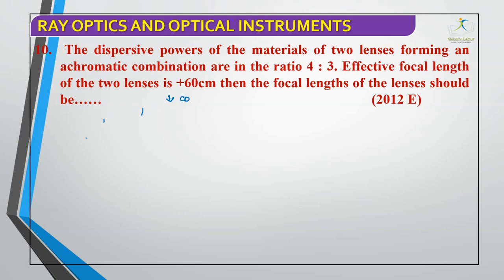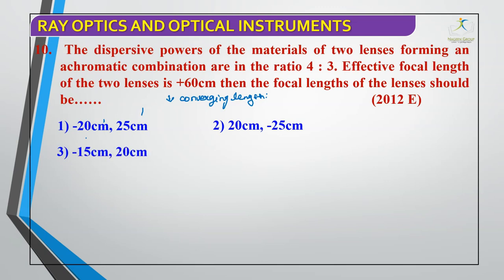The nature of the lens is converging. Focal length of the lenses should be, so we have options minus 20 centimeter with 25 centimeter, 20 centimeter with minus 25 centimeter, minus 15 centimeter with 20 centimeter, and 15 centimeter with minus 20 centimeter.